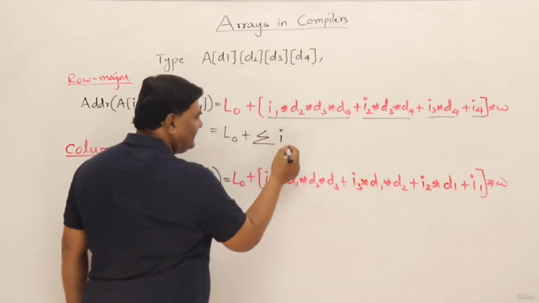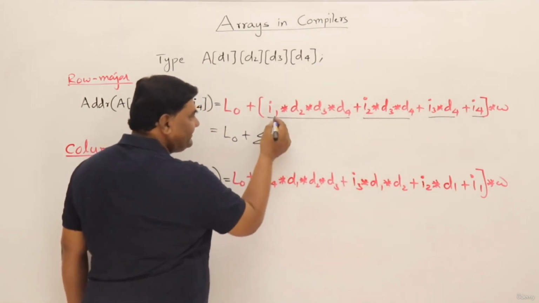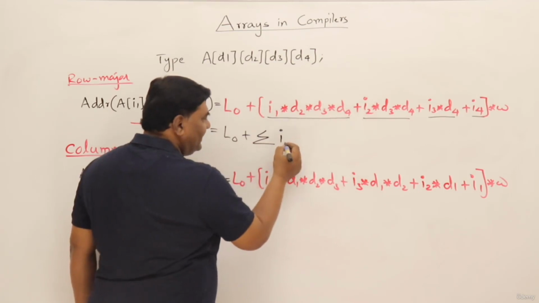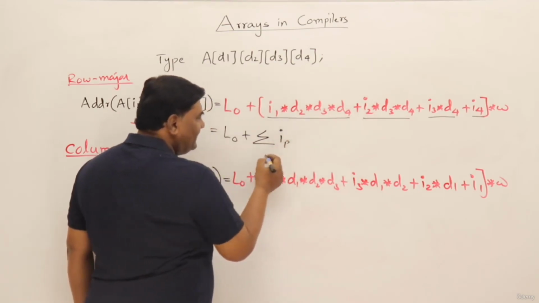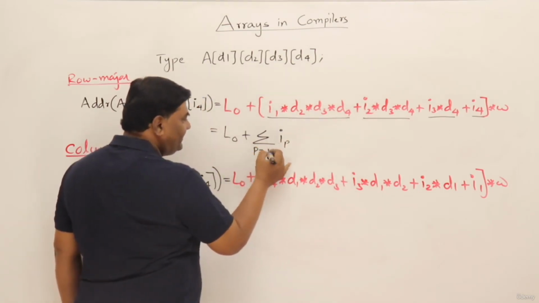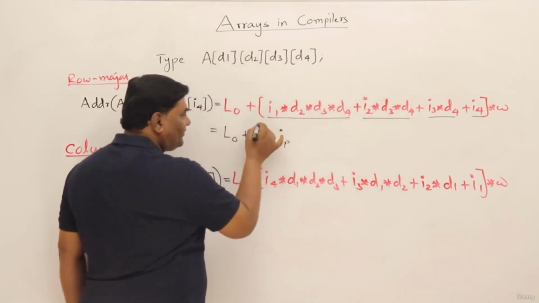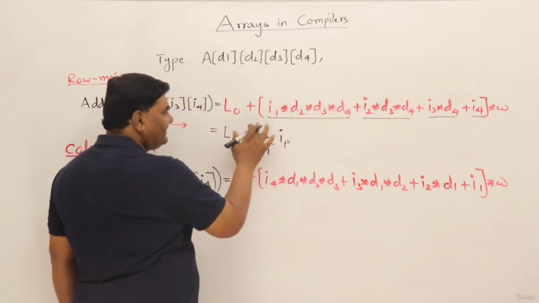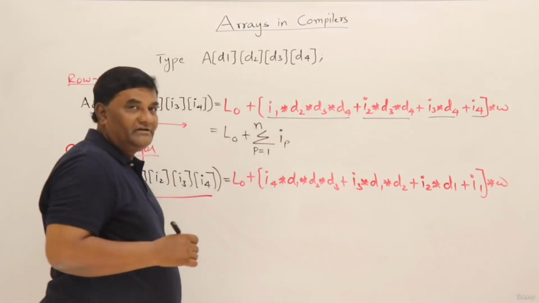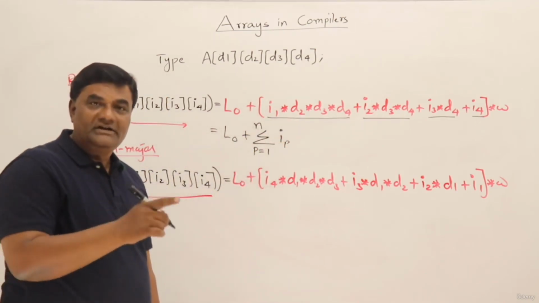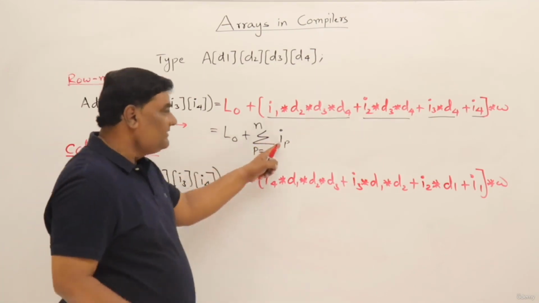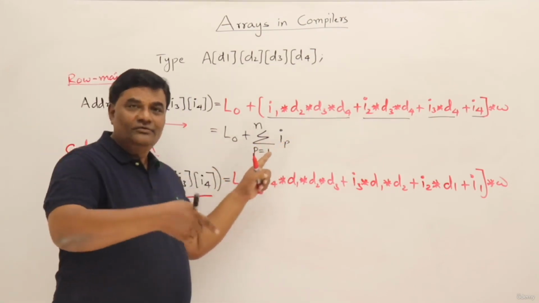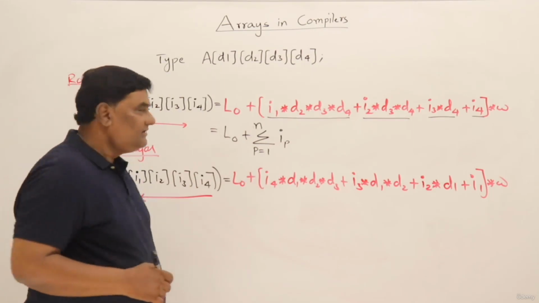So I and its subscript, I will call it P. So P takes the values from 1 to, it is going up to 4. So instead of 4, just make it n. So this will be for n dimensions. P takes the values from 1 to n. So this will become I1, I2, I3, I4 and so on up to the nth dimension.